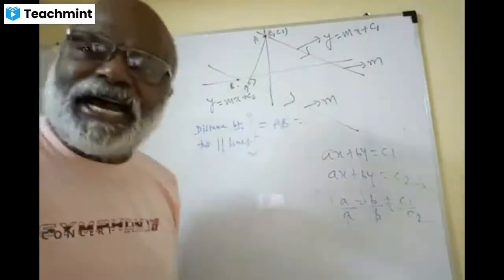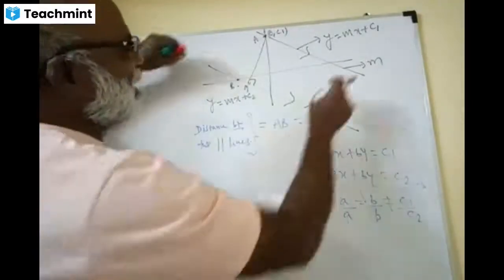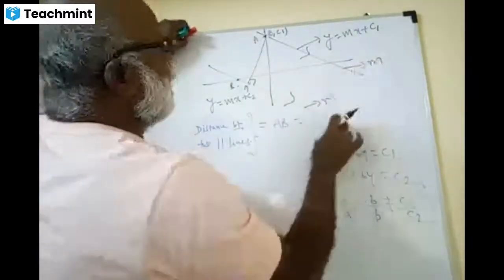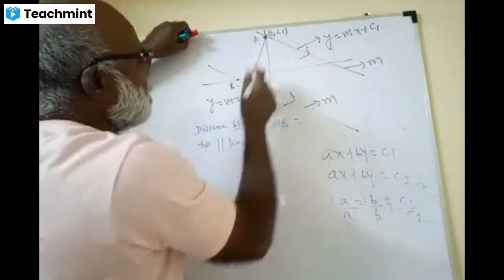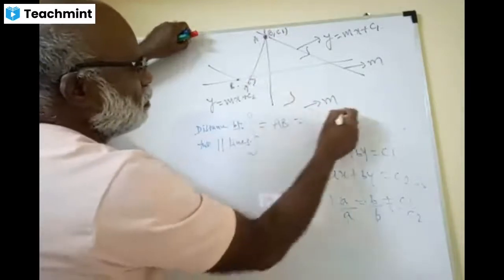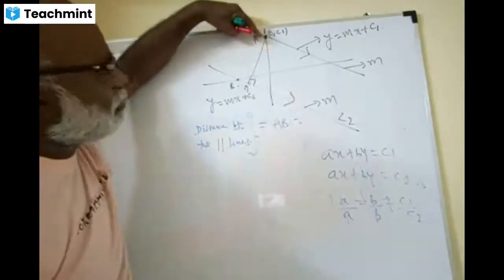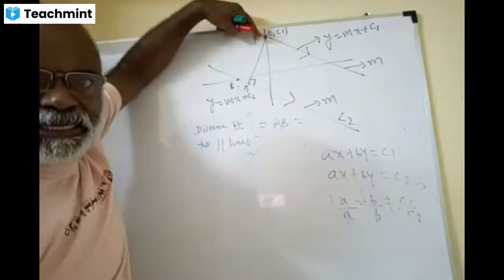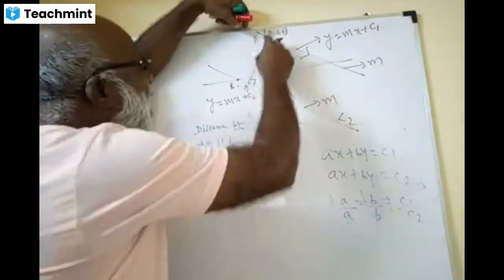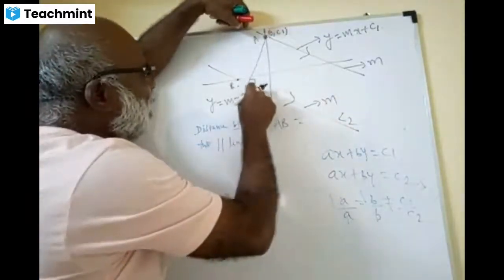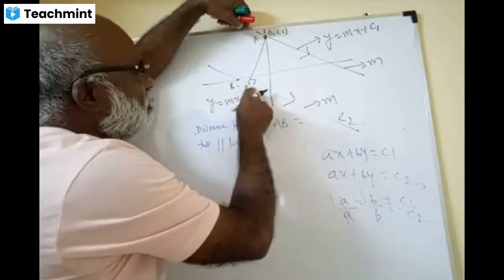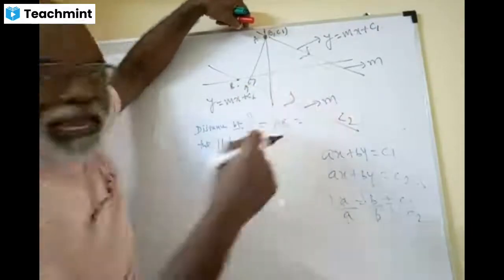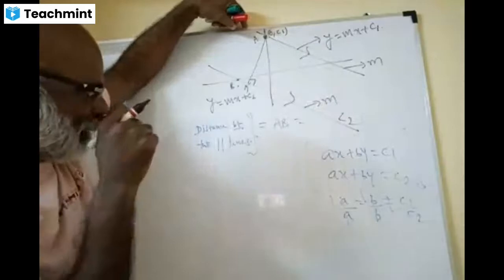So, friends, the distance between the two parallel lines is nothing but the distance of the point A to the other line. Can I say like this? The distance of point A from the line is the same as the distance between the parallel lines. Yes or no, dears?